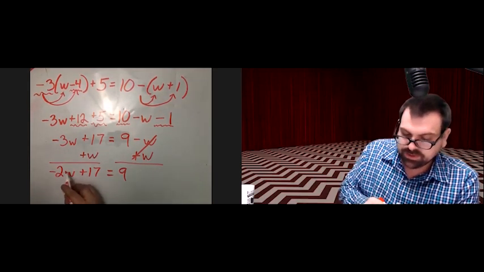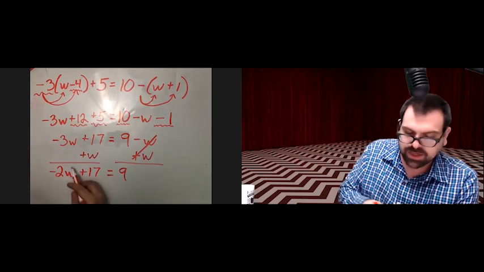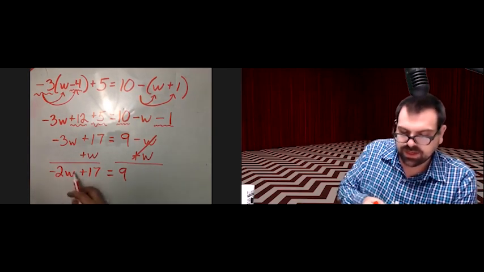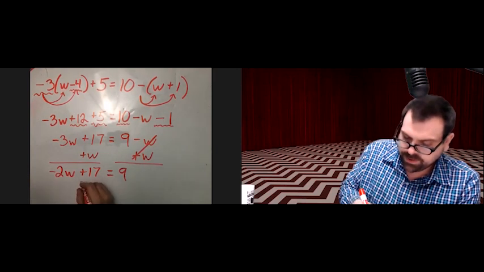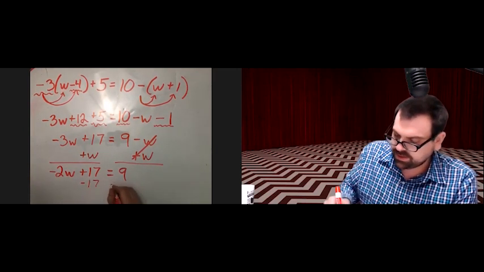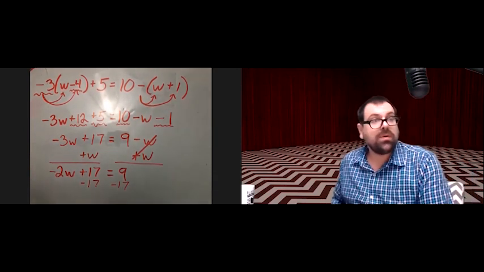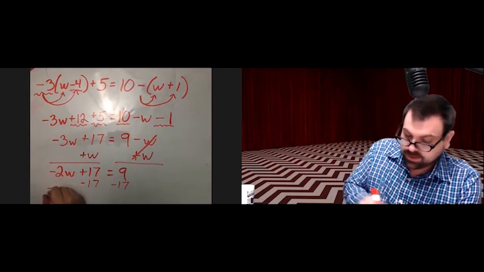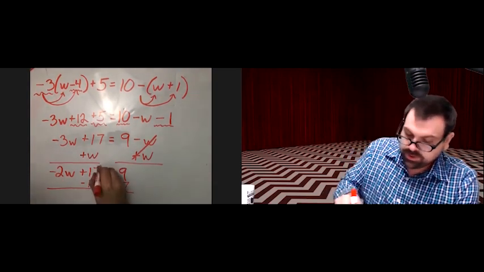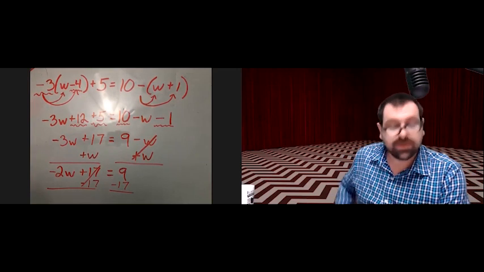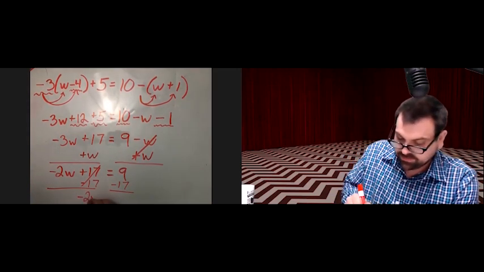Because to get that W by itself, I got to free it from the -2W. So I got to get the -2W by itself. Get rid of plus 17 with minus 17. Just cancels on the left, leaving me with the -2W.